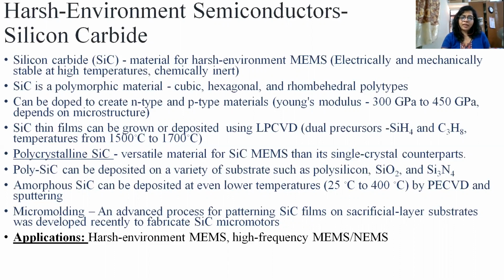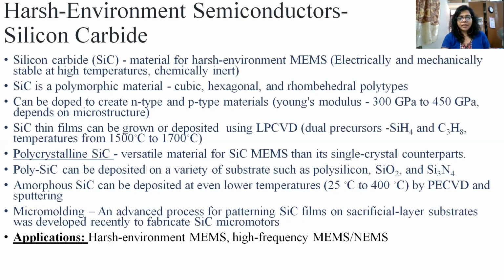Polycrystalline silicon carbide is a more versatile material for silicon carbide MEMS than its single crystal counterpart. Polycrystalline silicon carbide can be deposited on a variety of substrates such as polysilicon, silicon oxide, and silicon nitride. Amorphous silicon carbide can be deposited at even lower temperatures by plasma assisted CVD.